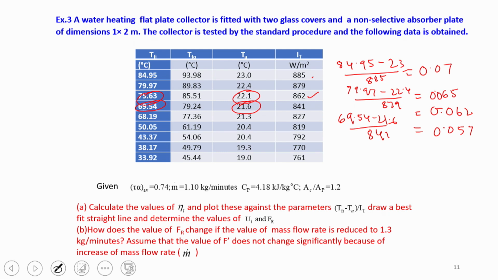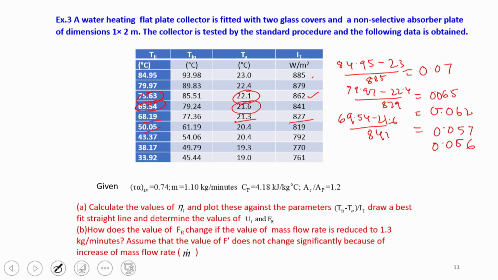Next, Akash. 68.19 minus 21.3 divided by 827. 0.056.